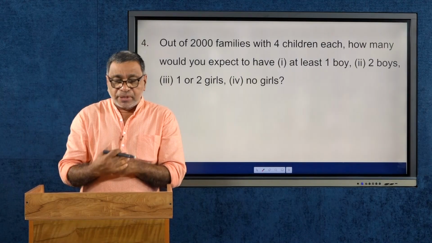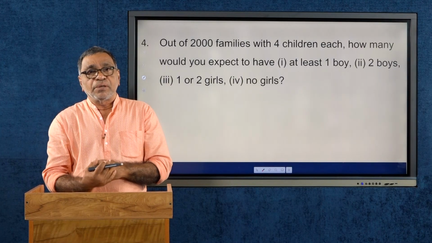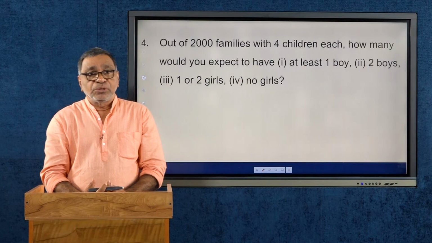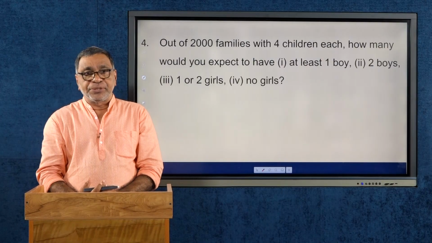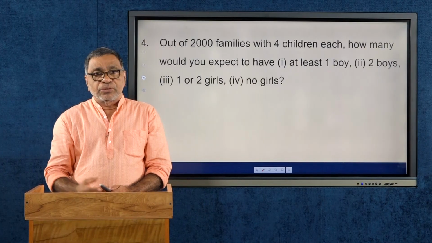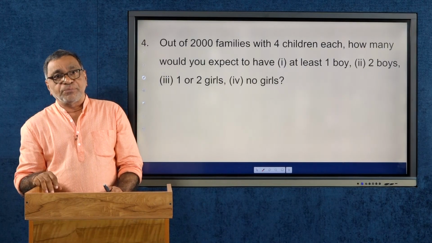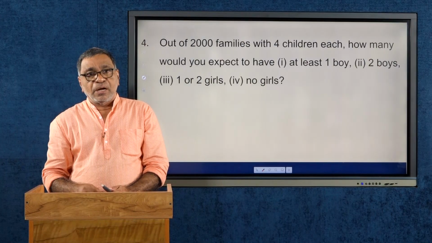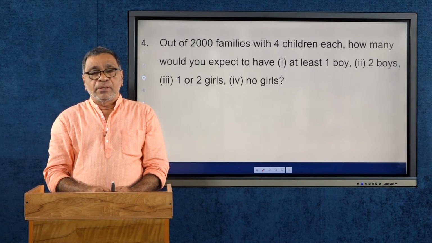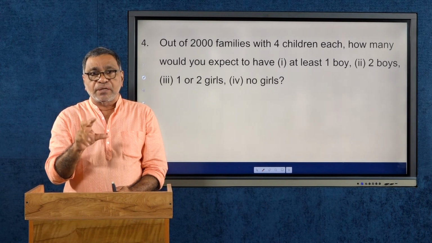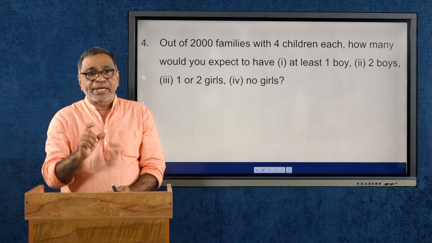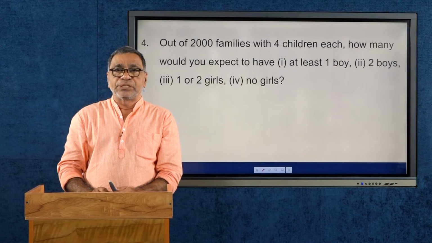So this is a problem with regard to expected frequencies using the binomial distribution. Suppose in some practical situation, we have observed frequencies, and suppose we are not performing an experiment, and on the basis of the character of the random experiment, can you predict, can you say the expected values of the frequencies of certain events?